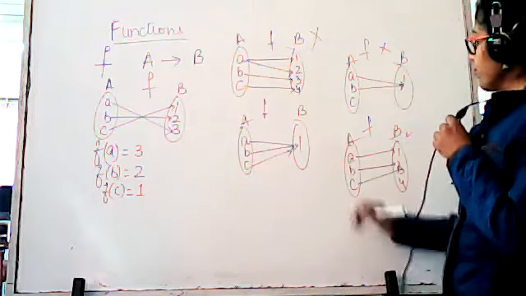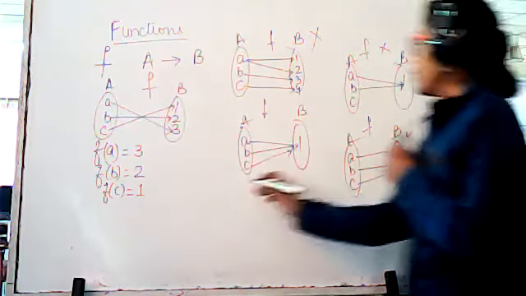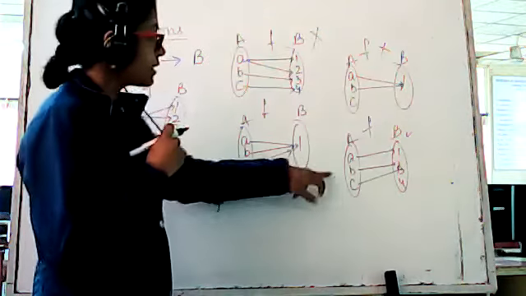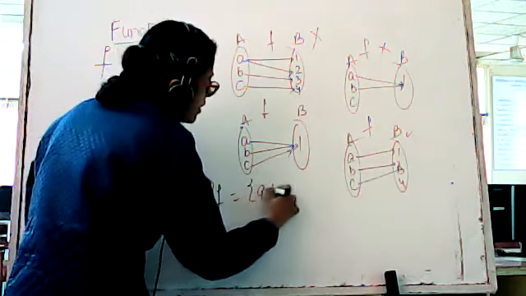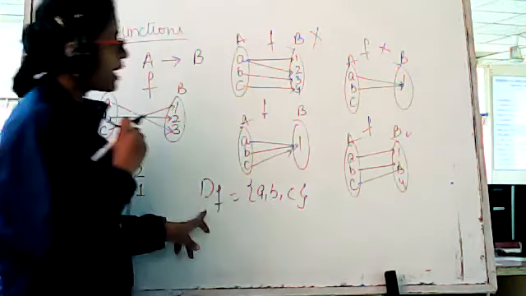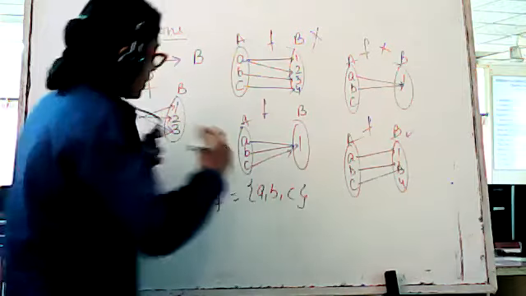For example, this is a function. Domain of the function f, I am taking this example, beta. Domain of the function f is the set of the elements of A. ठीक है, डोमेन क्या आएगी फंक्शन की ABC, जहां पे फंक्शन को डिफाइन किया गया.